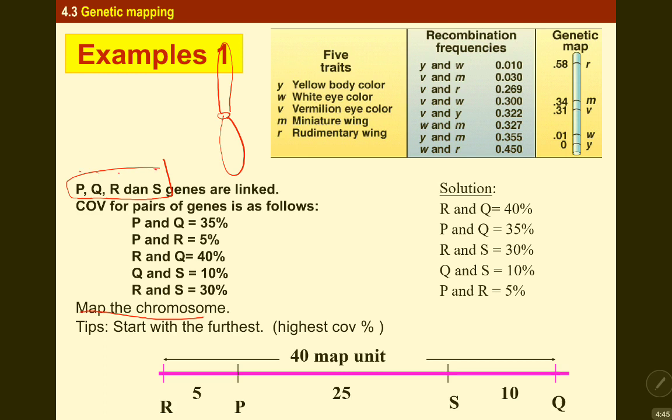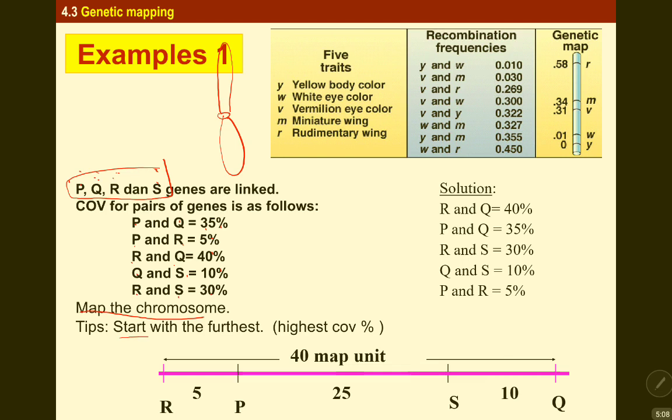Is it PQRS or SRQP or QRSP or anything? You are given the information as follows. The distance of P and Q is 35%, P and R 5%, R and Q 40%, Q and S 10%, R and S 30%.